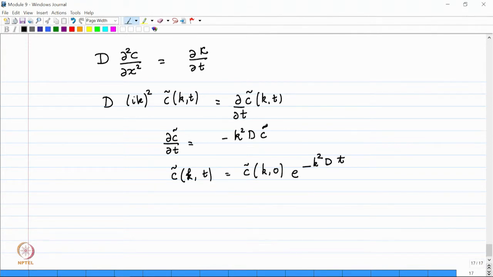So, this is the solution of this differential equation in time. And this c tilde of k, 0 is the constant of integration I have put as a prefactor to this exponent.